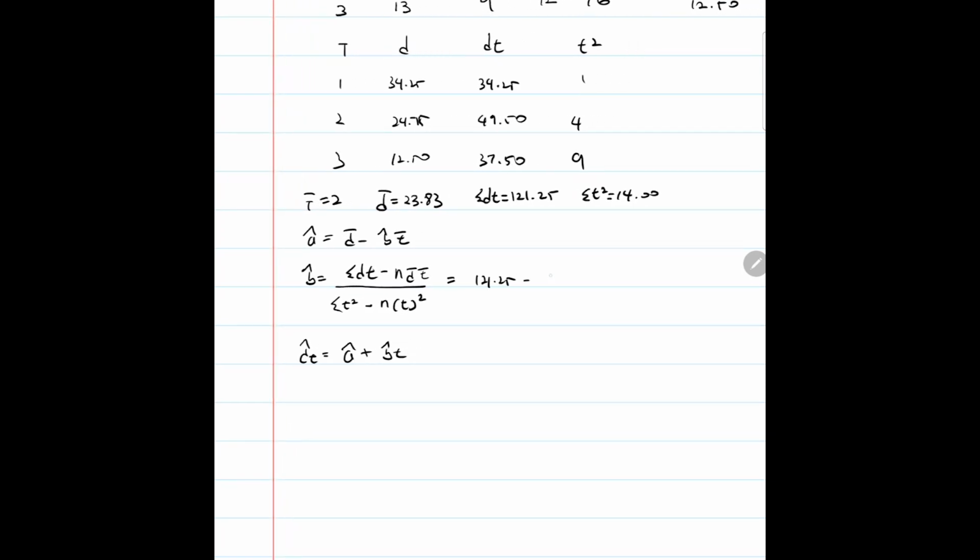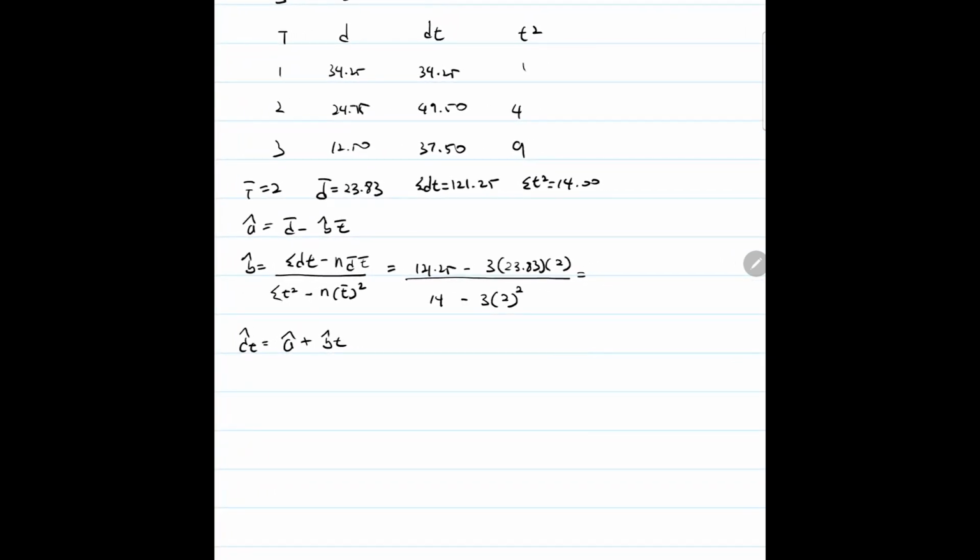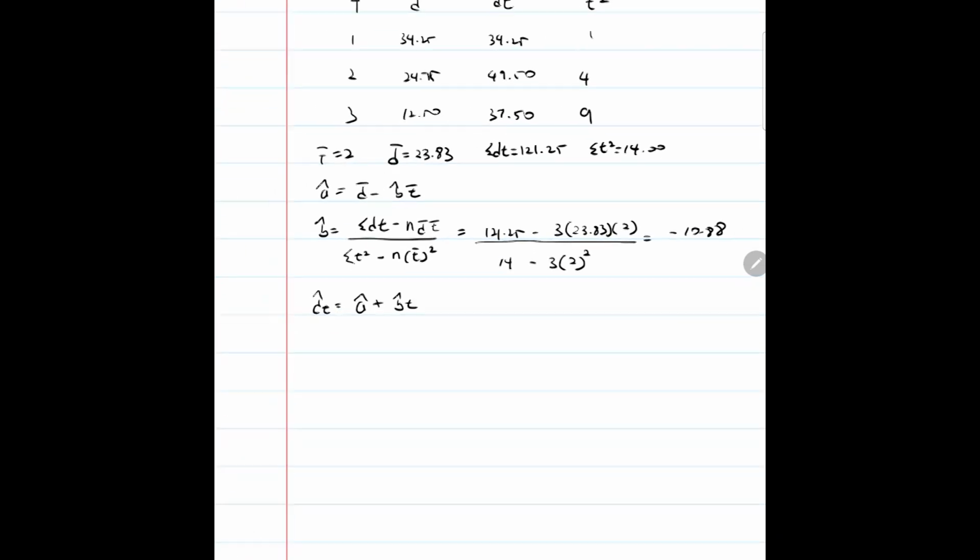5. And if we calculate this one, it came out as negative 10.88.